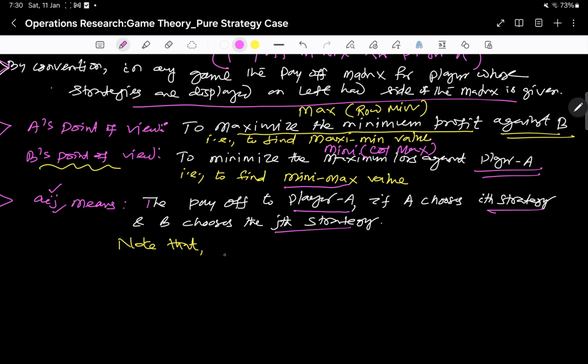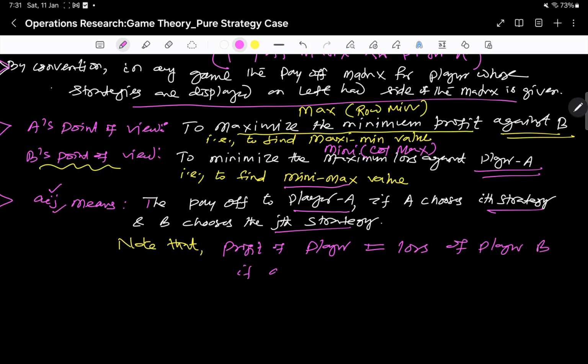Note that the profit of player A is equal to the loss of player B.